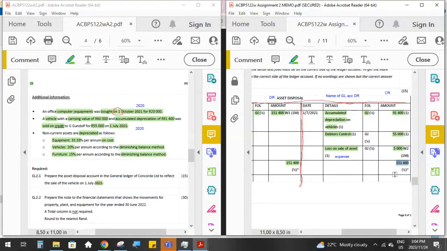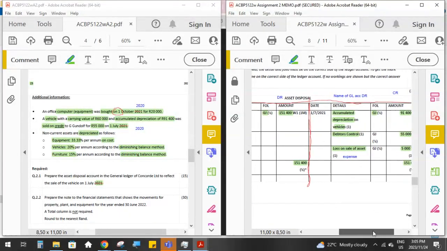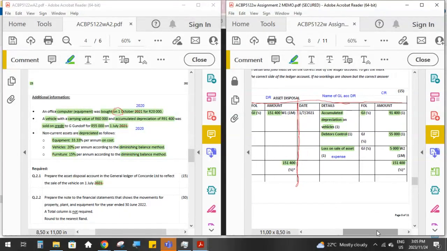Right-hand side now totals 151.4, which means when my debits equal my credits in a T account, they contra each other out, which means the closing balance in asset disposal account is now 0. It's nil. And it's all ready for the sale of the next asset that I happen to sell.